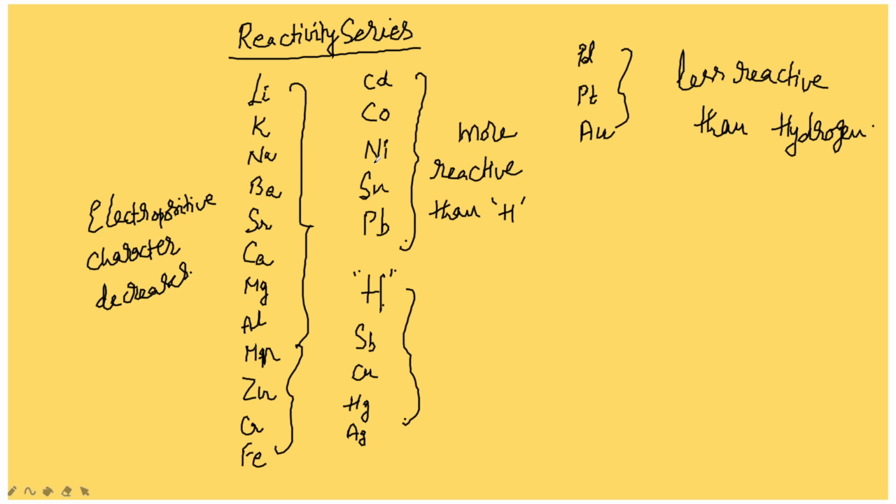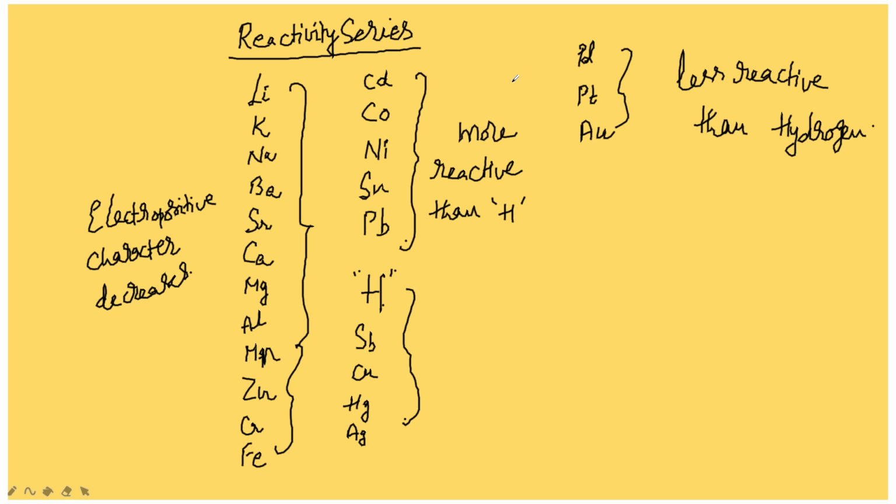So this is the reactivity series where all the elements were arranged in an order according to their reactivity. Okay, so here, calcium is more electropositive than sodium but is less reactive than sodium.